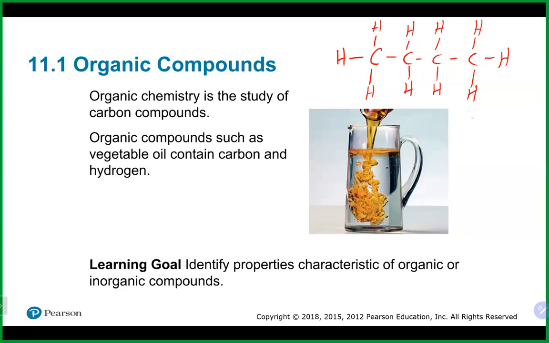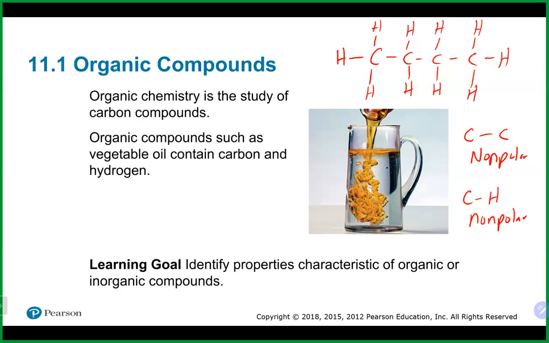That is because the bond between carbon and carbon is nonpolar, and the bond between carbon and hydrogen is also nonpolar. So a lot of organic compounds will be nonpolar, which means, for example, they're not going to be very soluble in something like water, which is a polar molecule.